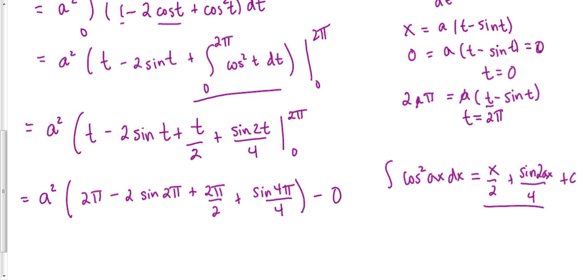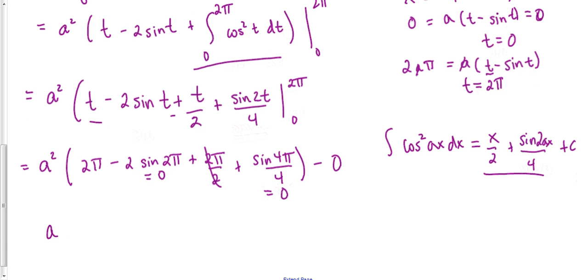Whenever I substitute in 0 for all of these values for t, I'm going to get 0, so I'm not even going to substitute in. My 2's are going to cancel there. The sine of 2 pi will be 0. The sine of 4 pi will be 0. So I'm going to end up with my area being 2 pi plus pi. That's going to give me 3 pi times a squared.